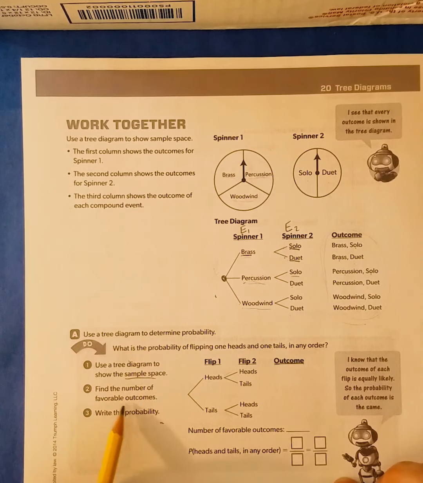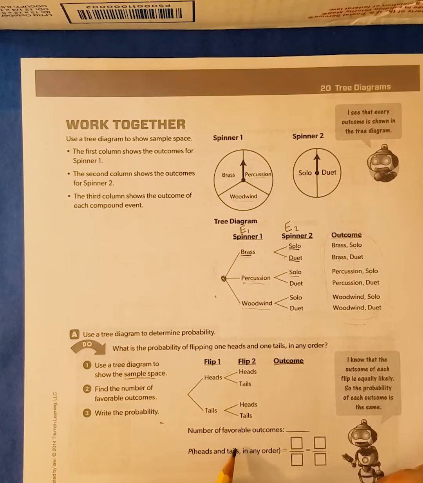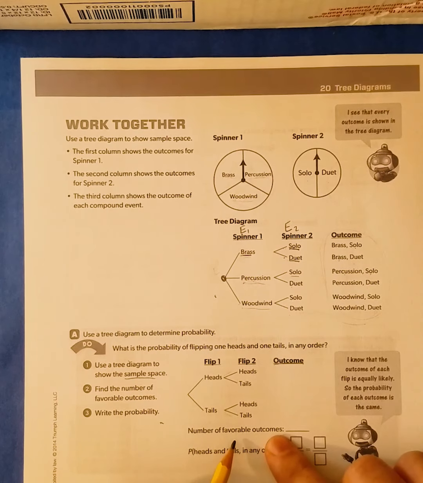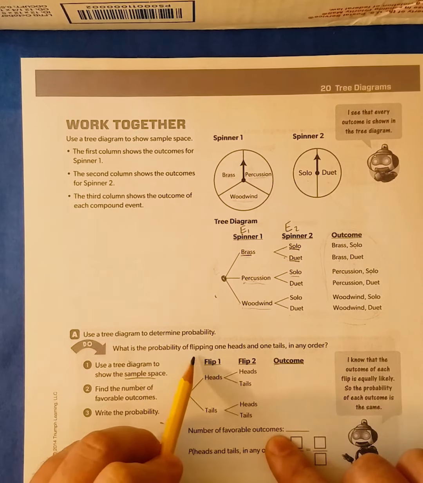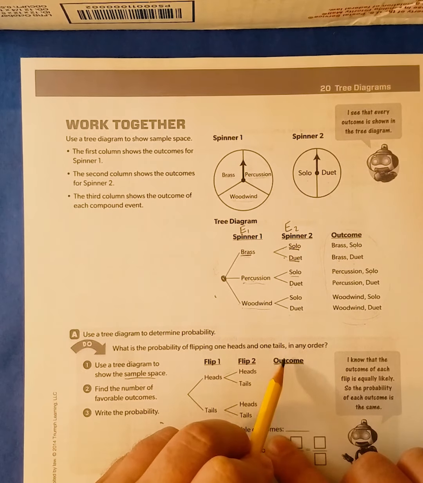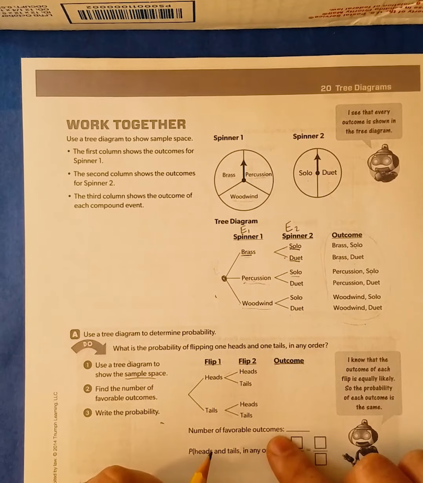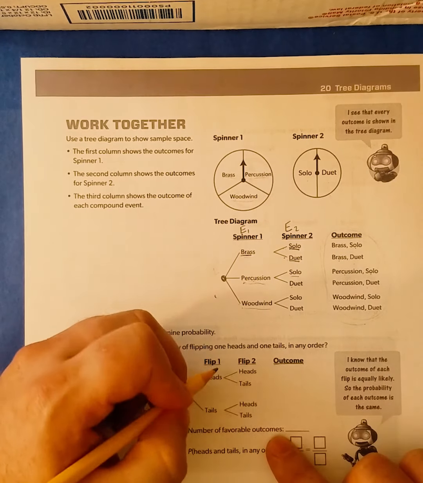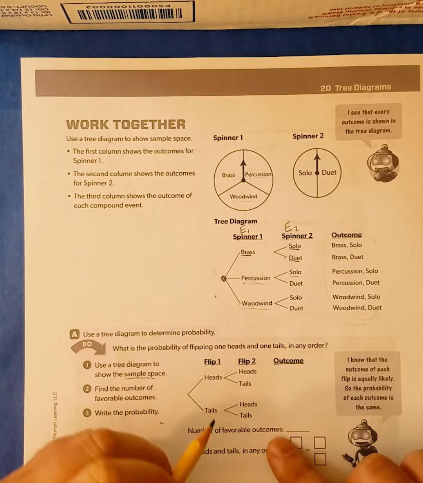Find the number of favorable outcomes. Okay. Write the probability, number of favorable outcomes. Well, what do we want? What is the probability of flipping 1 heads and 1 tails in any order? So we want 1 heads and 1 tails.